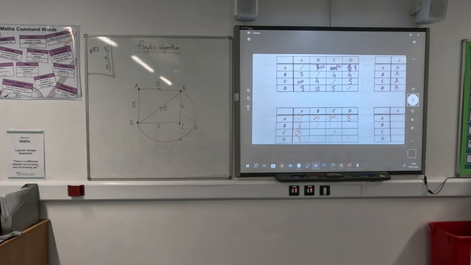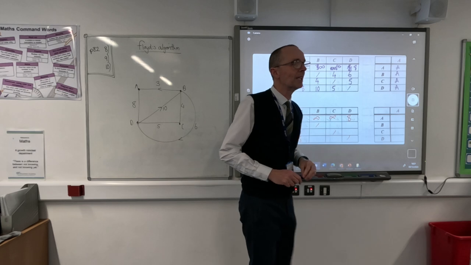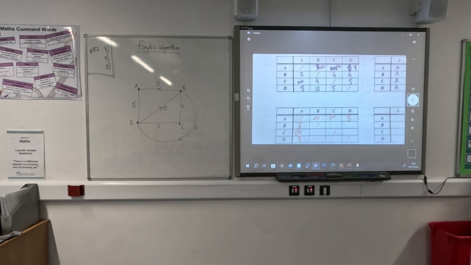So with the infinity, if you just treat it the same, the two infinities added together would not be bigger than 4. Yes, so C to B is just going to be 4. Yeah, infinity plus infinity is 2 times infinity. That's big.